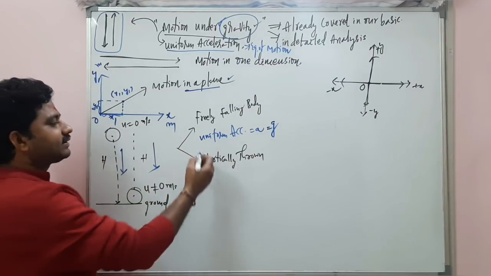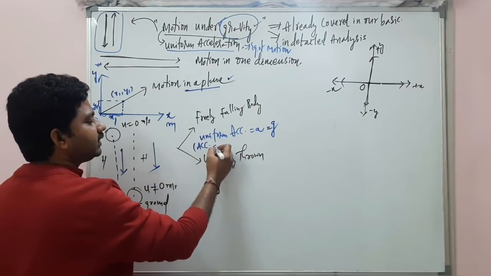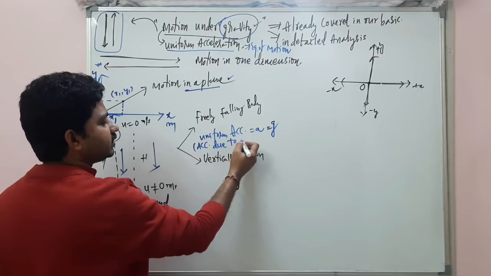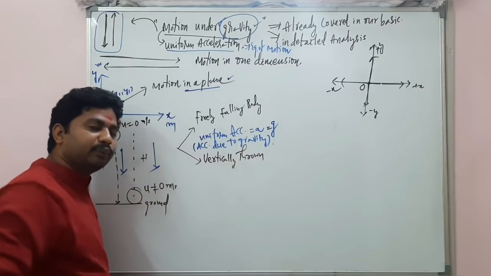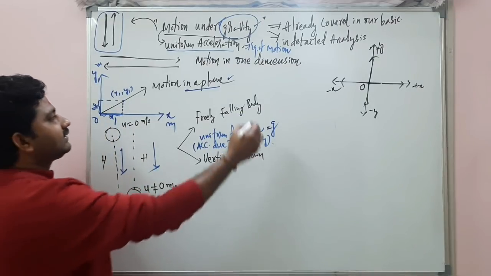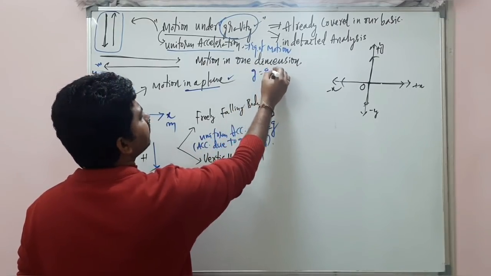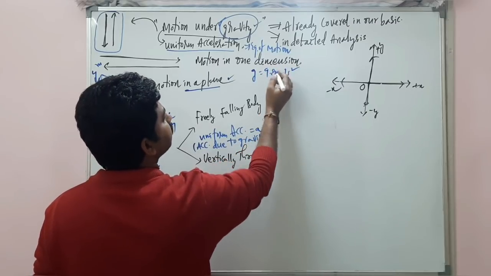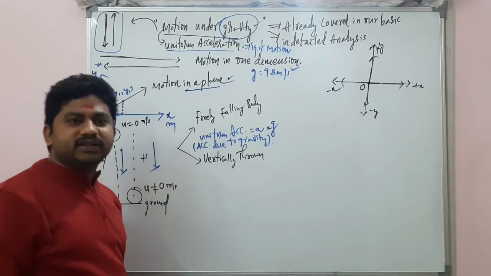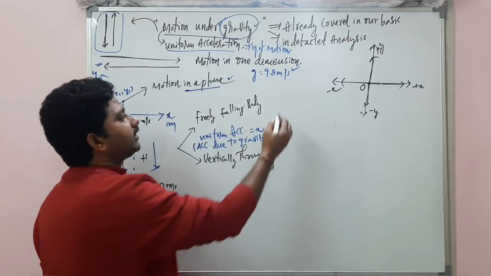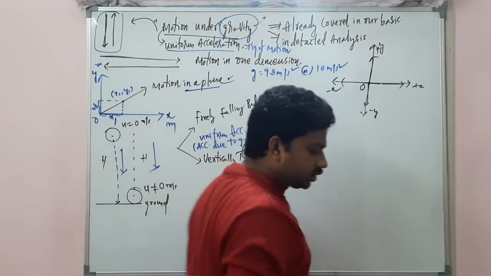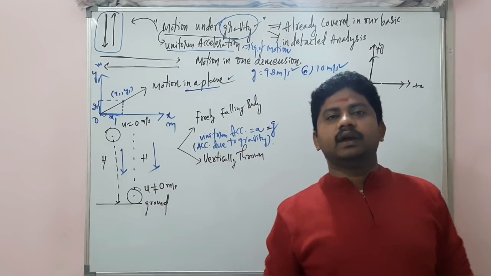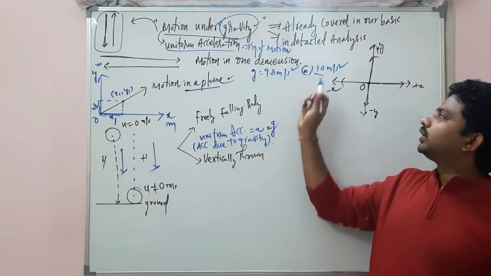Acceleration due to gravity. This concept we also discussed in the basic classes. And this acceleration due to gravity value is 9.8 meter per second square, my dear students. Sometimes we take it as 10 meter per second square, depending on the question given. If they ask you to take 10, you take 10.